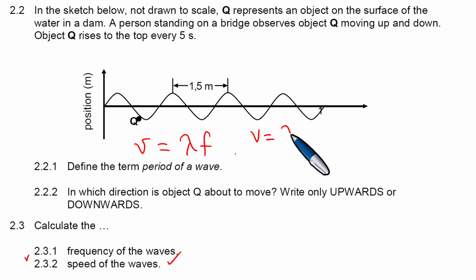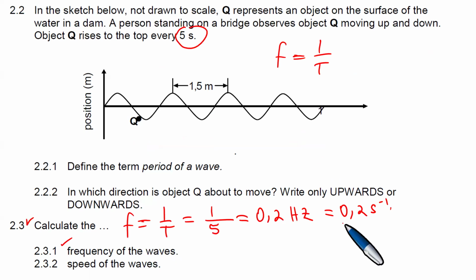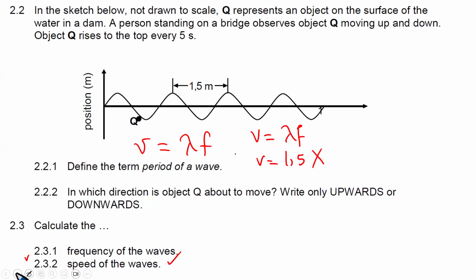Right, so the speed is wavelength multiplied by the frequency, which means the wavelength is 1,5, multiplied by the frequency. What is the frequency? We got the frequency to be 0,2 hertz, or 0,2 per second.